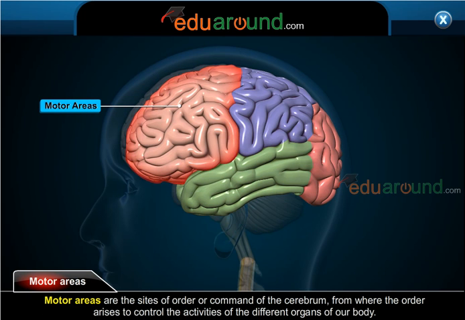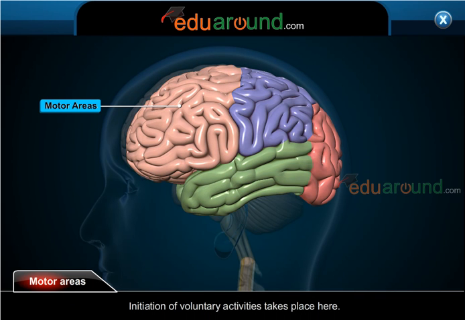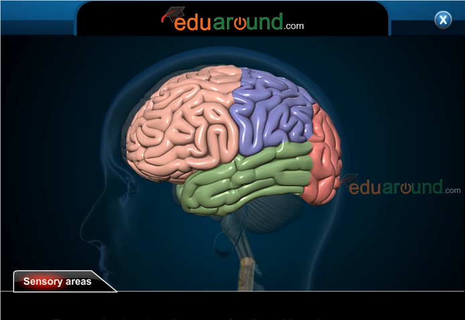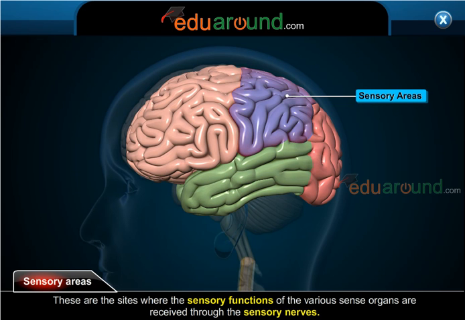A. Motor areas. Motor areas are the sites of order or command of the cerebrum, from where the order arises to control the activities of the different organs of our body. Initiation of voluntary activities takes place here. B. Sensory areas.